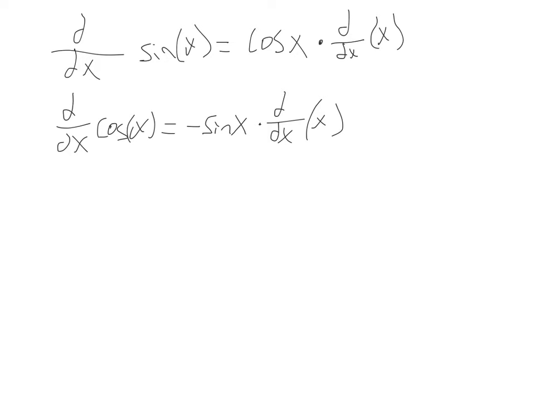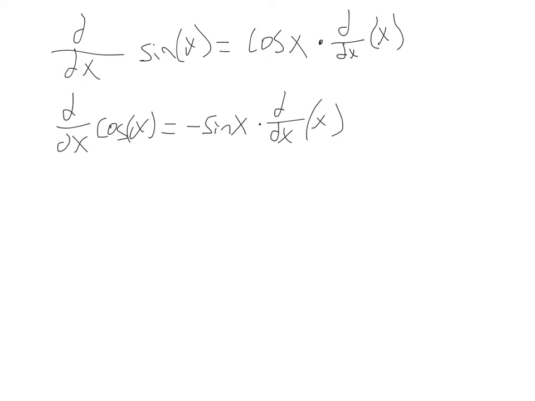Example problem. I want to find the derivative of the sine of x divided by the cosine of x minus 2. Now you've got to realize you are looking at a quotient. You have to use the quotient rule: low d high minus high d low all over low squared.